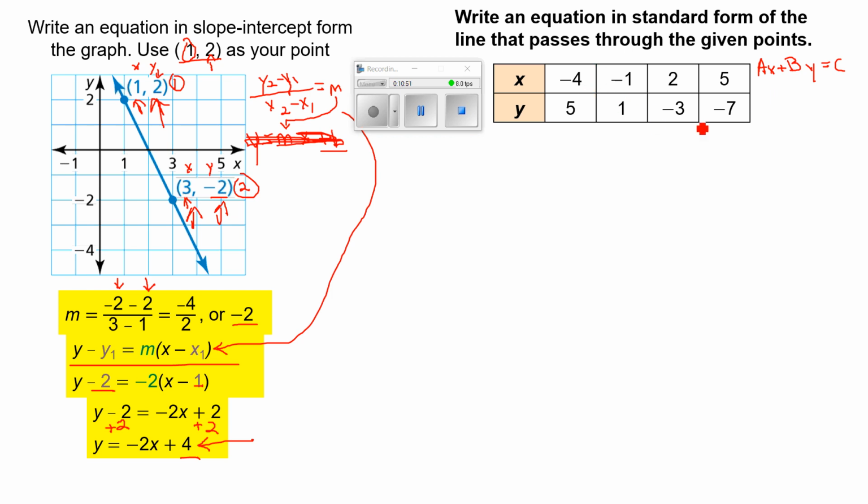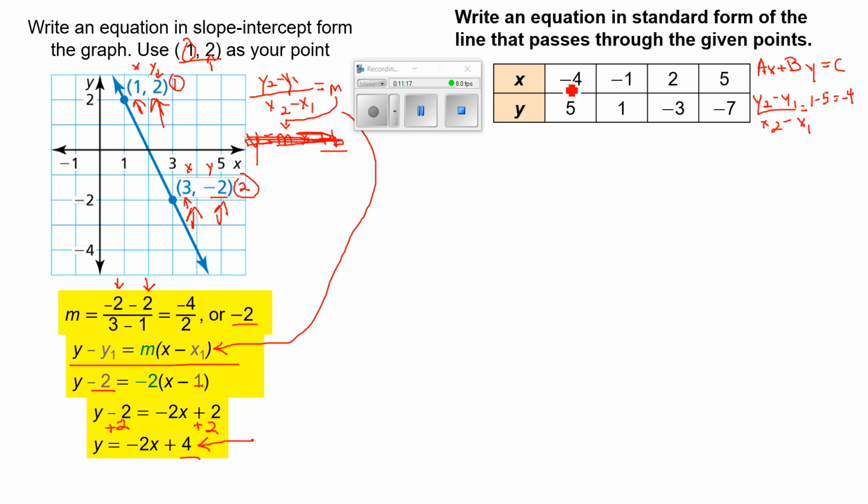So once again, we're going to go with our slope formula, right? We're going to start there with y2 minus y1 over x2 minus x1. When we do this, I'm just going to go here 1 minus 5, and 1 minus 5 equals negative 4.